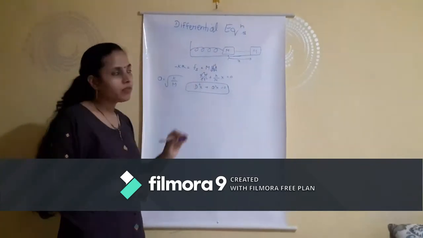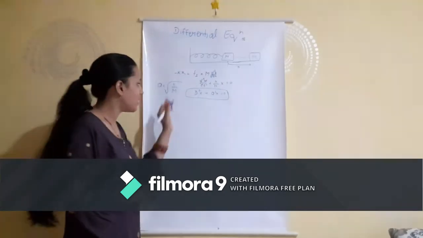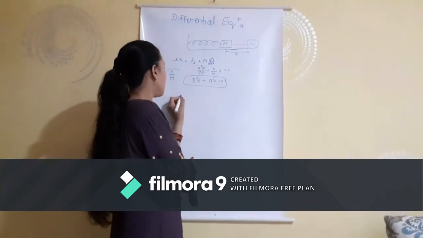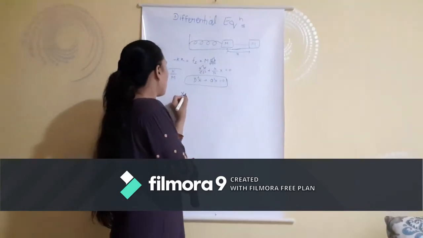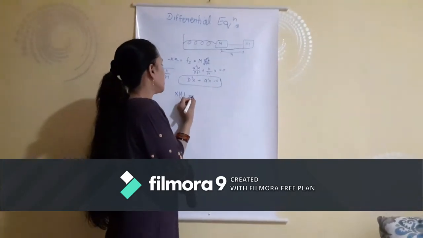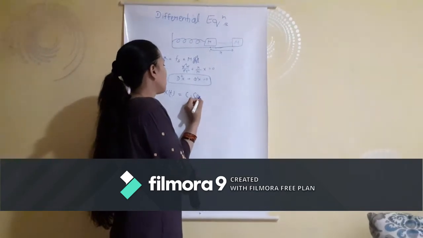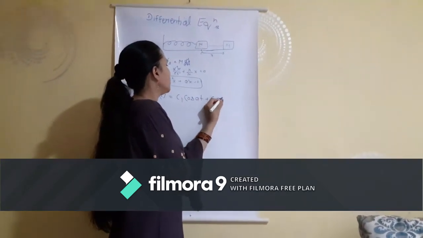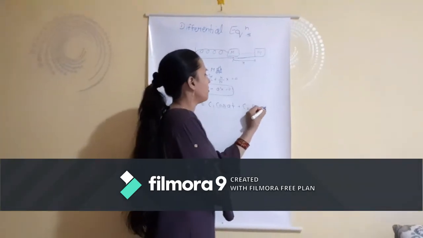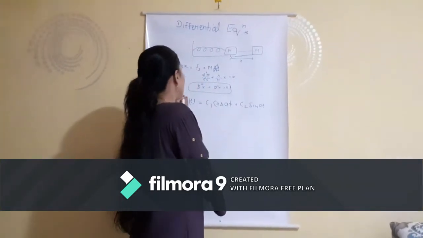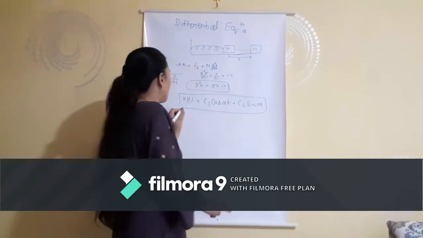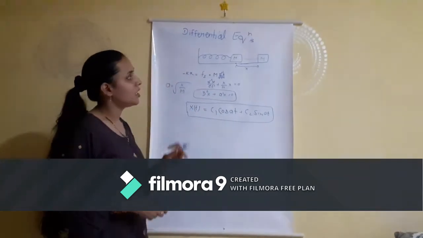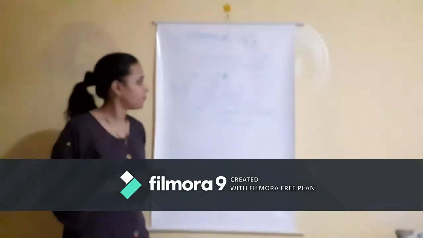Now we can solve the differential equation, and the solution can be written in the form x(t) equals c1 cos(at) plus c2 sin(at). This will be the solution of this differential equation.